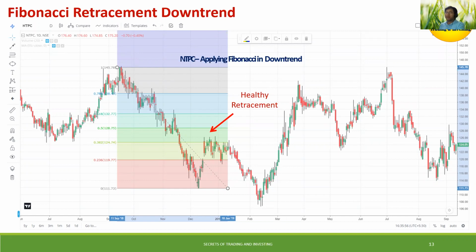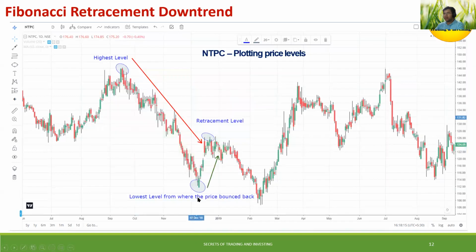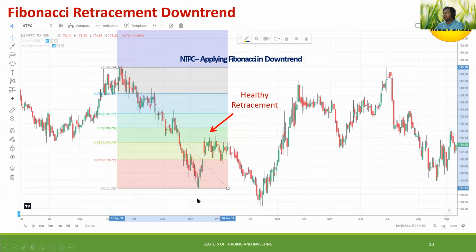And again, depending on your additional analysis on the chart, and the other concepts we are going to learn, you can take a call to be there in the market or not.